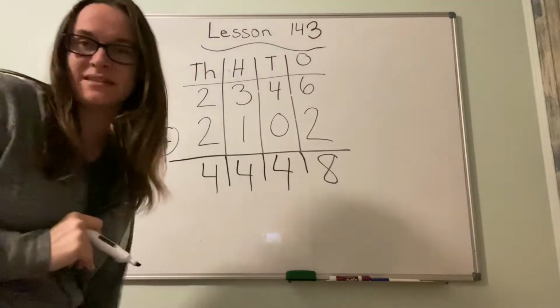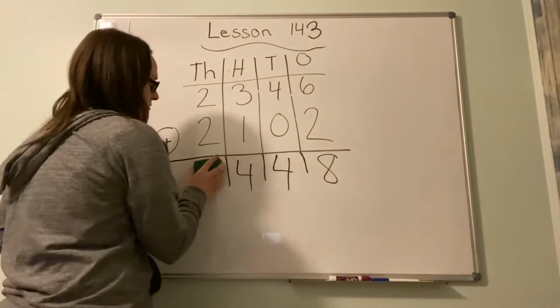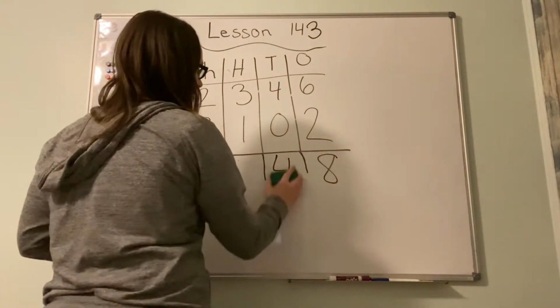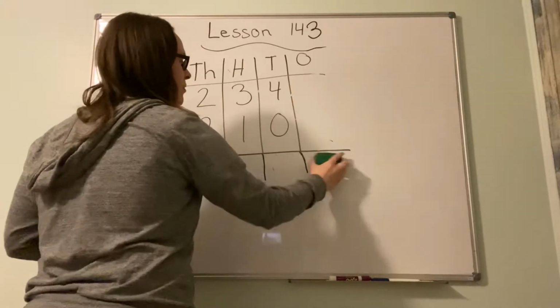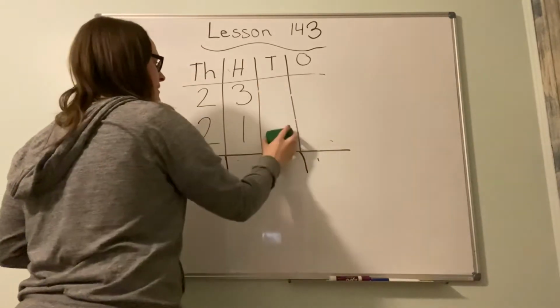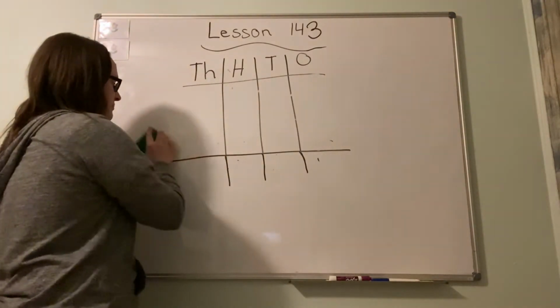Okay, that one was easy, right? Let's see if we can get some tougher ones in here to help you understand what we're doing when we're carrying or borrowing. Okay, let me erase this. I'll leave my sections up here to make it easier.